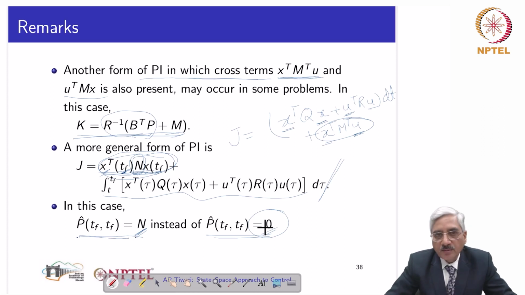One more remark which I want to make, that I also made at the time of presenting Ackermann's equation and talking about the controllability of large scale systems, systems of higher order.